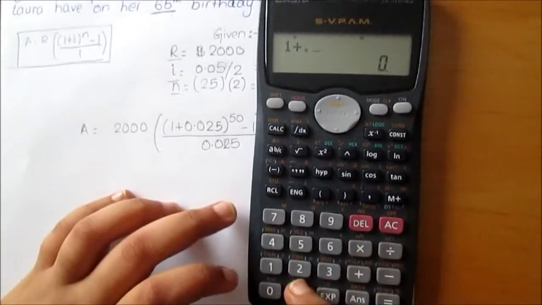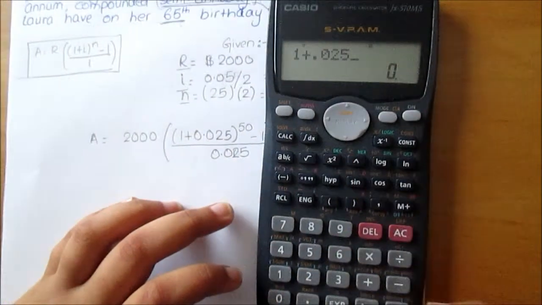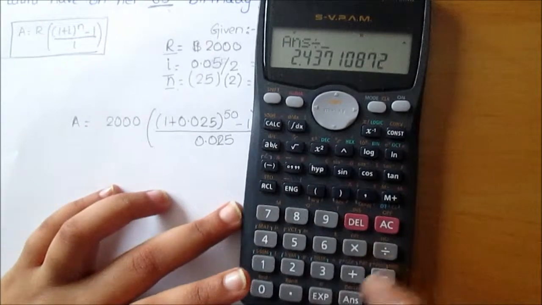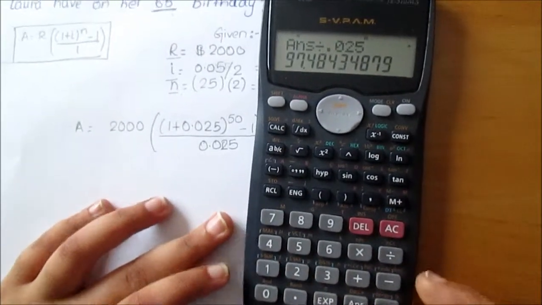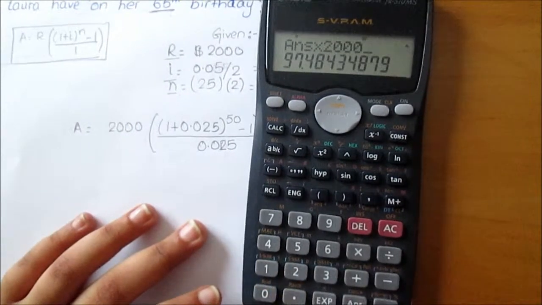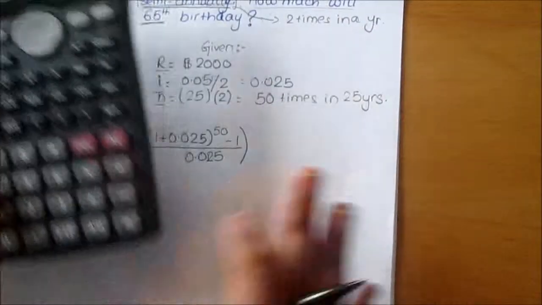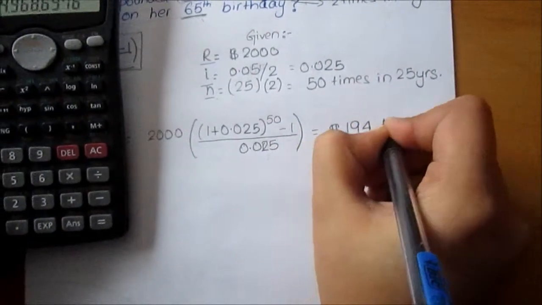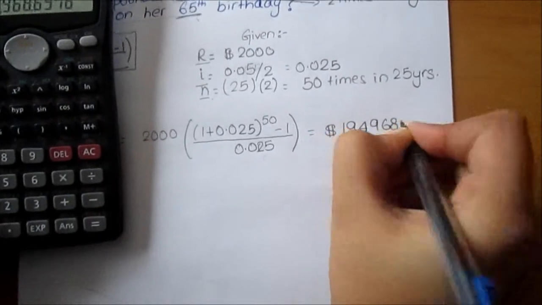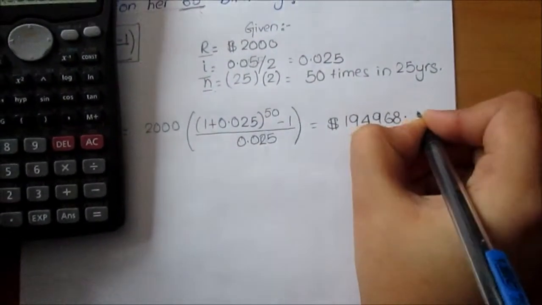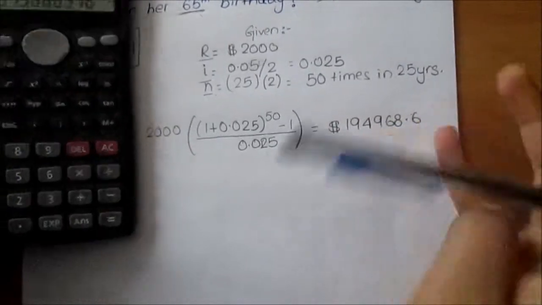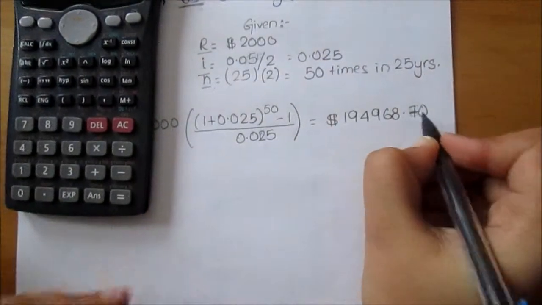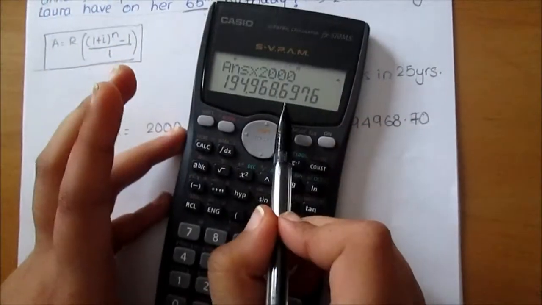It's 1 plus 0.025, to the power of 50, minus 1, divided by 0.025 and multiplied by 2000. So the money that she's gonna have is 194,968.70. As we're dealing with money, make sure to round off your number to two decimal places.